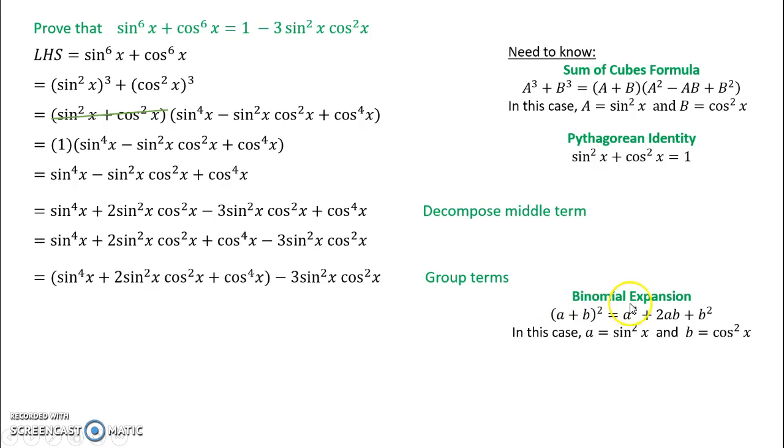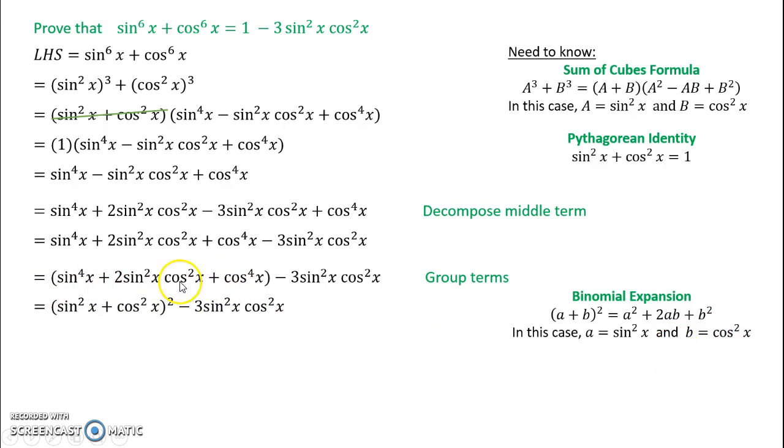Now you have to recall the binomial expansion, that a plus b squared is equal to a squared plus 2ab plus b squared. In this case, a will represent sine squared x and b will represent cos squared x.